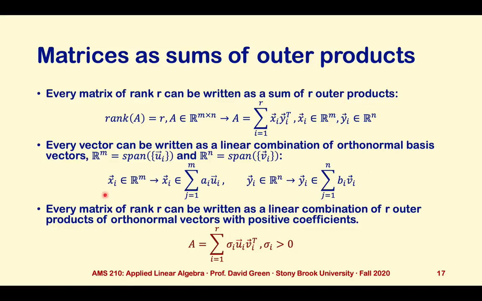This leads to an idea. At this point this is a declaration rather than a proof, but you might be able to see where the pieces are coming together. If we can write a matrix as a sum of these outer products, where each of these vectors can be written as a linear combination of orthonormal vectors, perhaps we can write this matrix as a sum of outer products of specifically those orthonormal basis vectors.